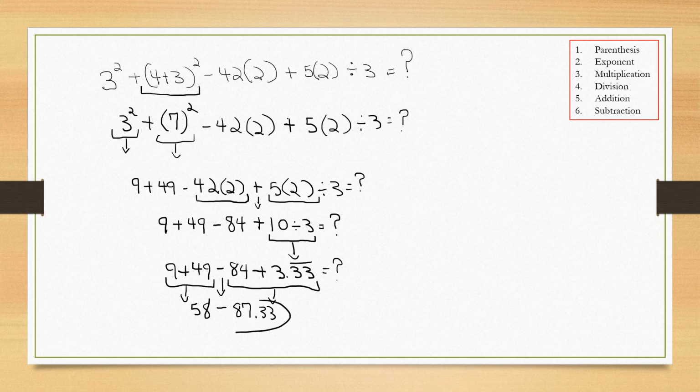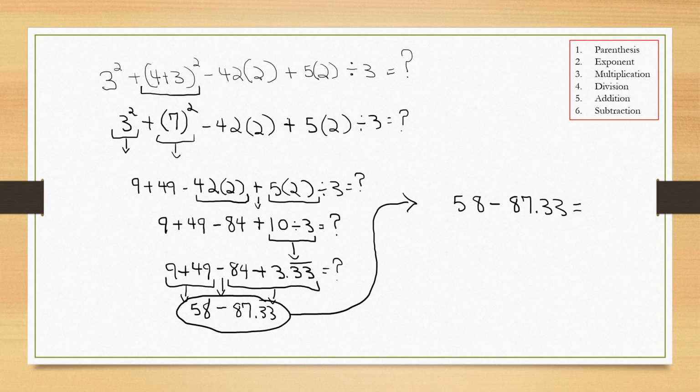Okay, since I ran out of room at the bottom, I'm going to put this problem right here. 58 minus, which is the last thing we're going to do, 87.33. 58 minus 87.33 will give us negative 30.33. Negative 30.33. And that's our answer.